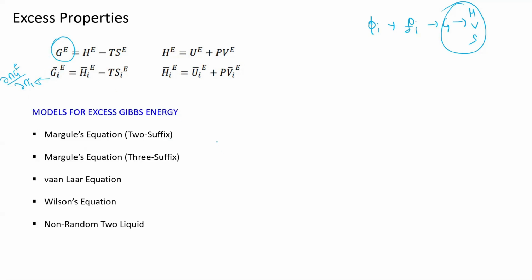So for GE, we have different models: Margules equation, 2 suffix, 3 suffix, Van Laar equation, Wilson's equation, NRTL. As I have told earlier also, different types of compounds follow different types of models. For example, hydrocarbons follow one thing, aromatic compounds follow one thing, and alcohols one thing.